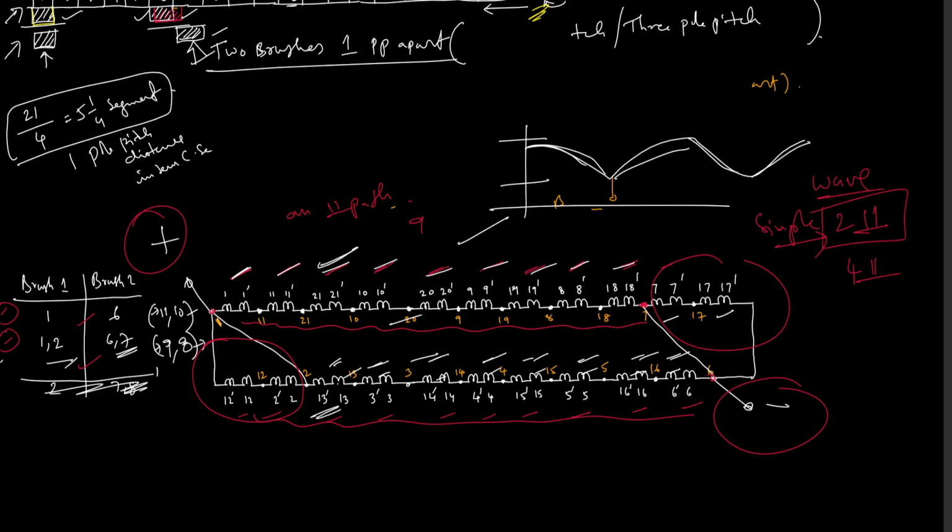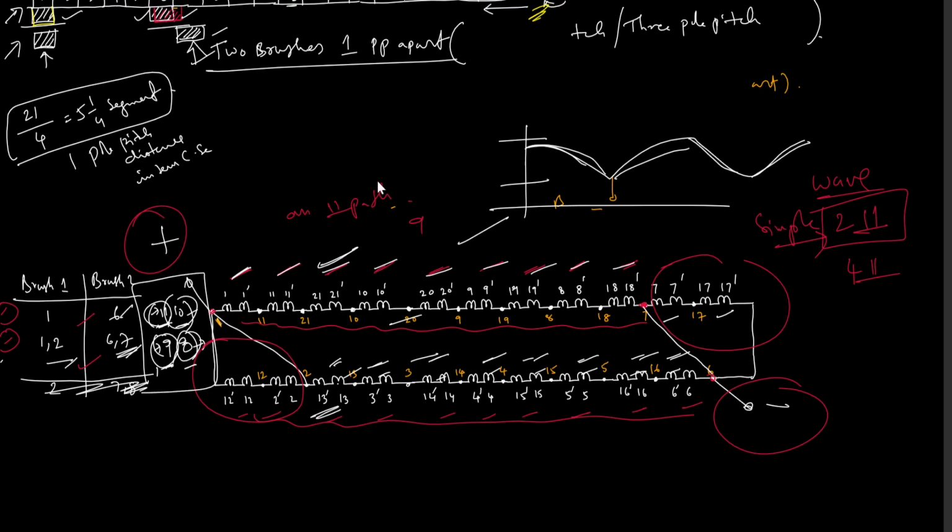But here we noticed that at different positions of the brushes, there are unequal coils in each circuit. At some time 11 coils in one circuit and 10 coils in the other circuit. At another time 9 coils in one circuit and 8 coils in the other. This is the important observation I left over last class.